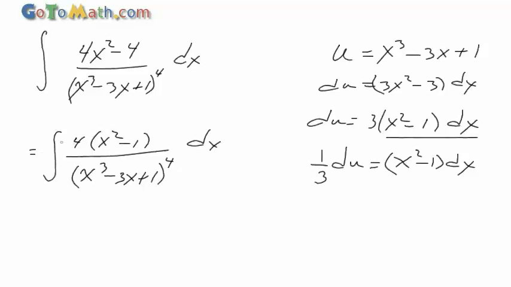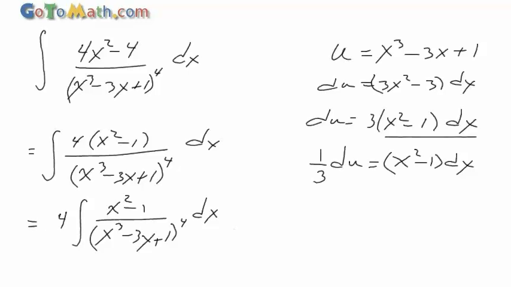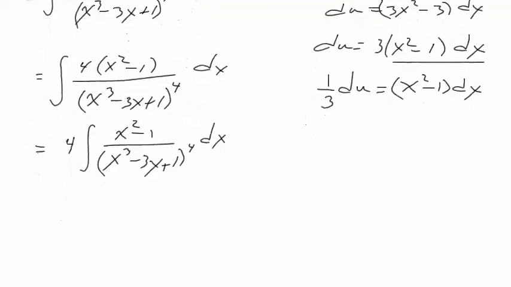You can go ahead and take this 4 and get it out of the way. So we bring the 4 outside, right? I'm going to rewrite this again, making sure you get the clear picture here, raised to the fourth power dx. Like I said, the x squared minus 1 dx gets replaced with the 1/3 du.